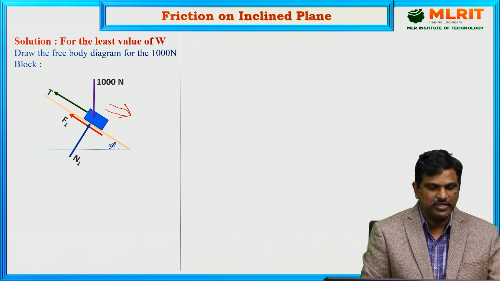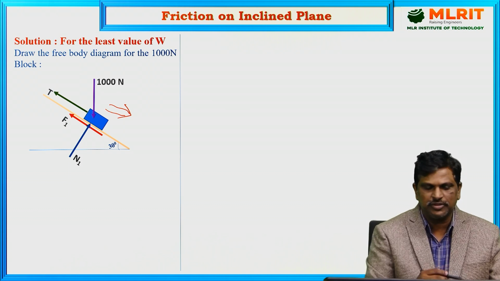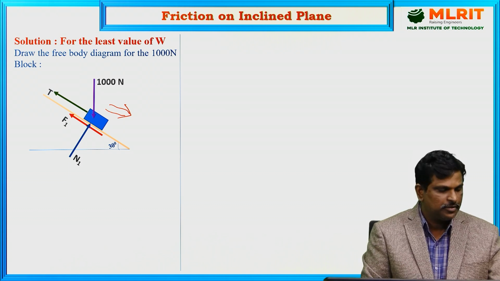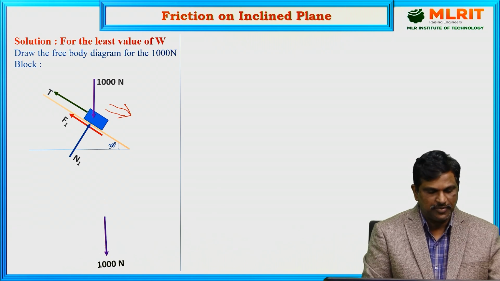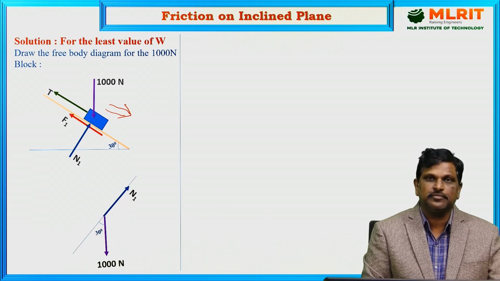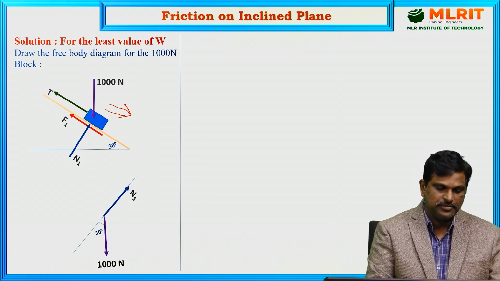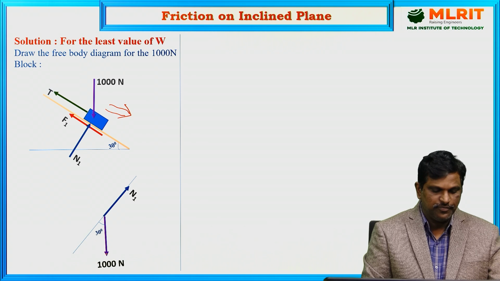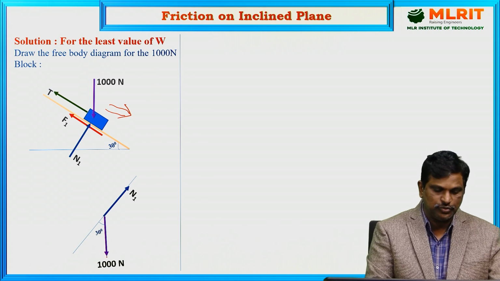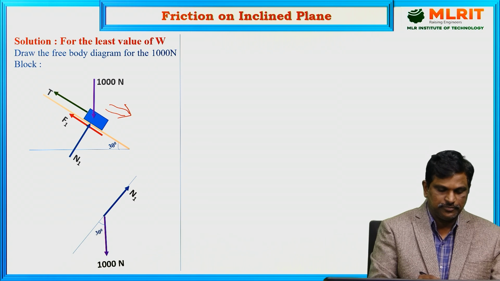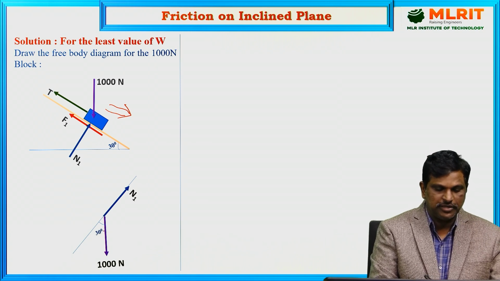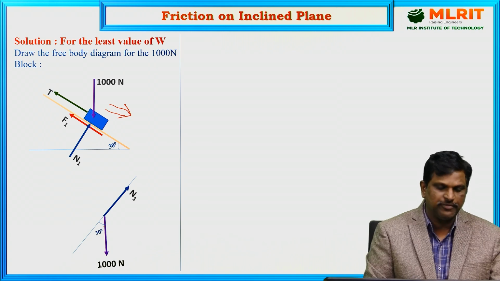Now draw the force diagram. Remove the body and remove the supports and replace only the forces. Weight always acts vertically downwards, and normal reaction is acting at an angle of 30 degrees to the vertical, or 30 degrees to the weight. Let us find the angle made by the normal reaction with the vertical or with the weight.